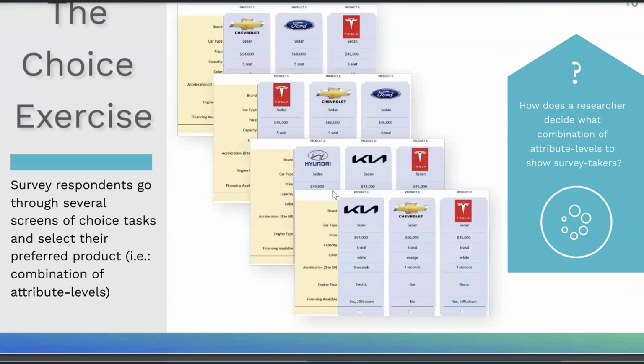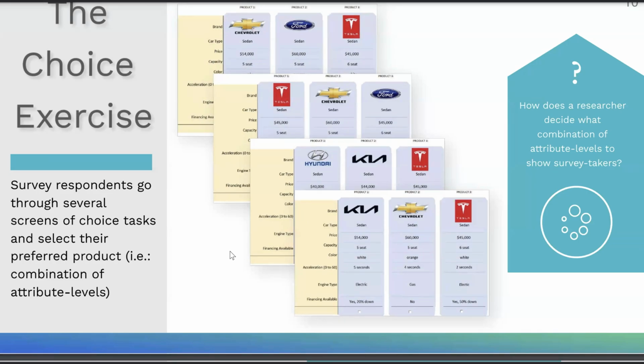The respondent goes through the first one and selects the one that they prefer. Then they see the next one, which is also a pseudo-randomly created new combination of these attributes, and they are asked again to select the one that they like the most. Then the next one, and the next one. This series is called the choice exercise.